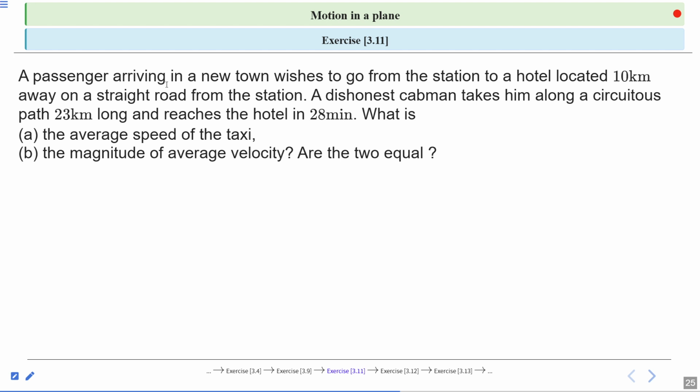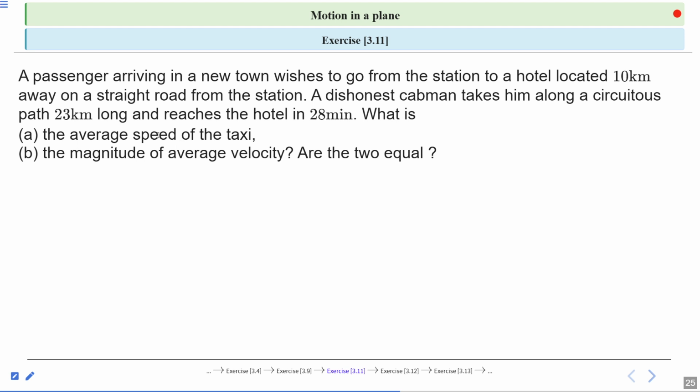A passenger arriving in a new town wishes to go from the station to a hotel located 10 km away on a straight road from the station. A dishonest cabman takes him along a circuitous path 23 km long and reaches the hotel in 28 minutes.